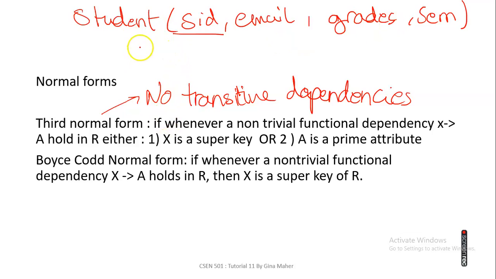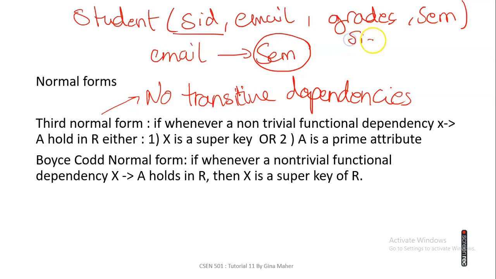What if we have another dependency where from the email of the student, we can get the semester of each student? Now, here we have a transitive dependency. What is a transitive dependency? Actually, we can get the semester in two ways.